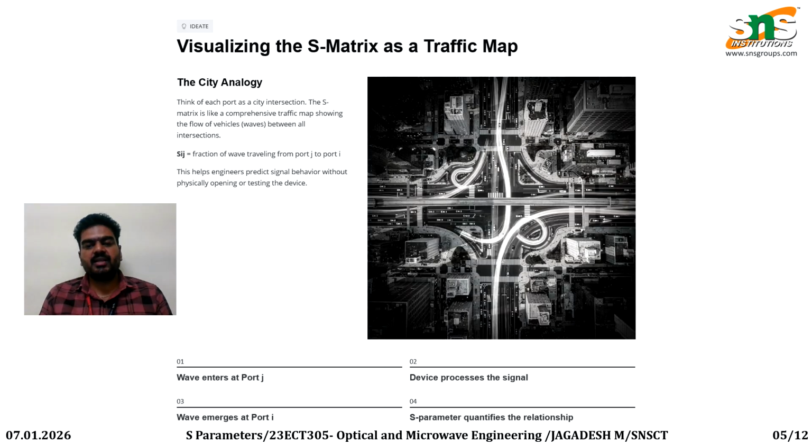Visualizing the S matrix as a traffic map: a wave enters at port j, the device processes the signal, and the wave emerges at port i, and the S parameter quantifies the relationship. When you see typical traffic in the university, you cannot segregate which vehicle is going in which direction. So to systemize the signal concept for microwave frequencies, we have the S parameter.